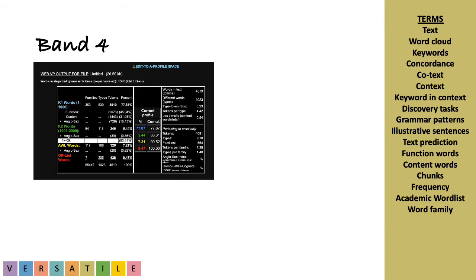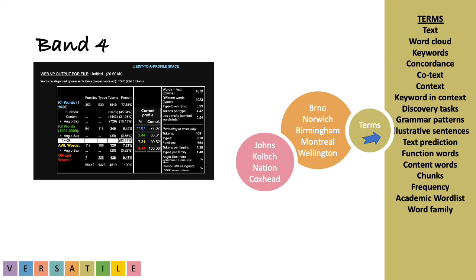The off-list words are simply those that are not on the other lists, but not so simply. They include the very important proper nouns, such as place names, people, and terms and technical words, and any less frequent words that the author has selected.